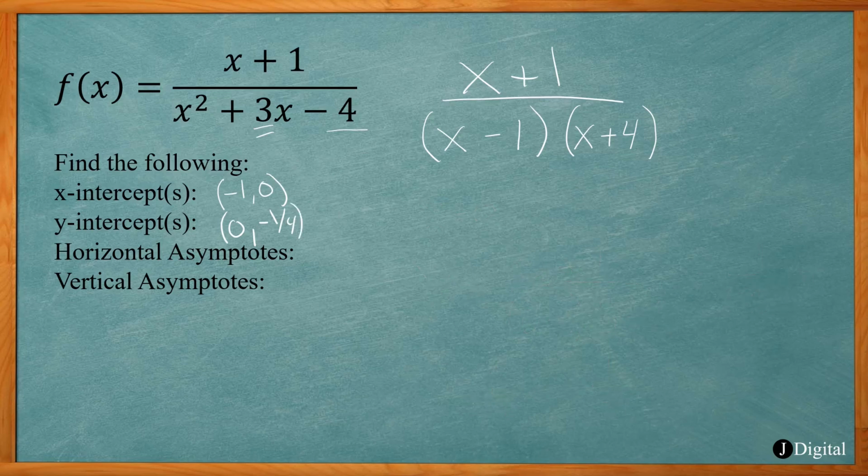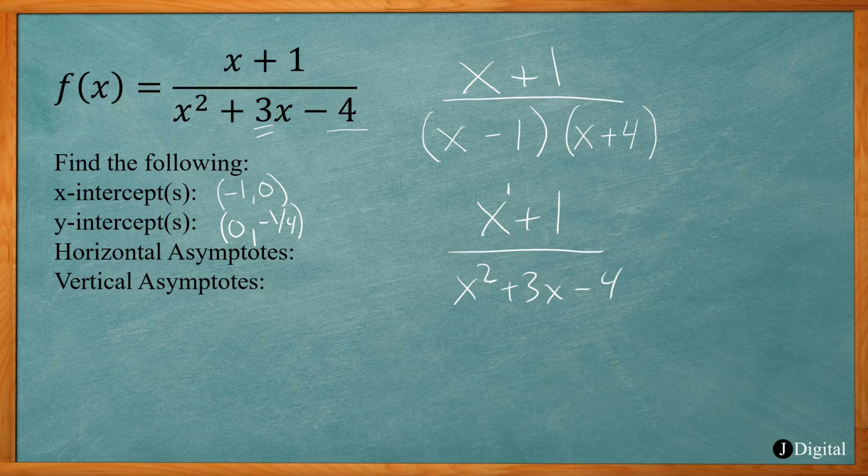Next, we want to look at the horizontal asymptotes. So if we look at our equation, x plus 1 over x squared plus 3x minus 4, our degree of the top is 1 because the highest exponent is 1, and our degree of the denominator is 2.